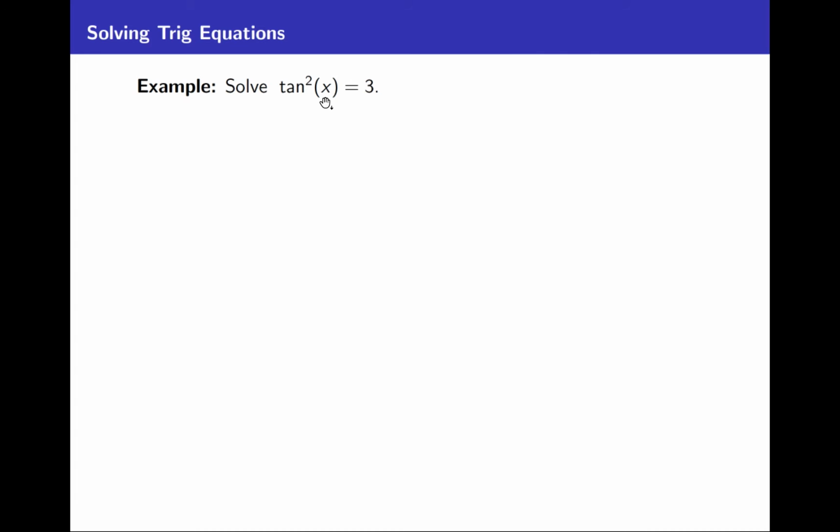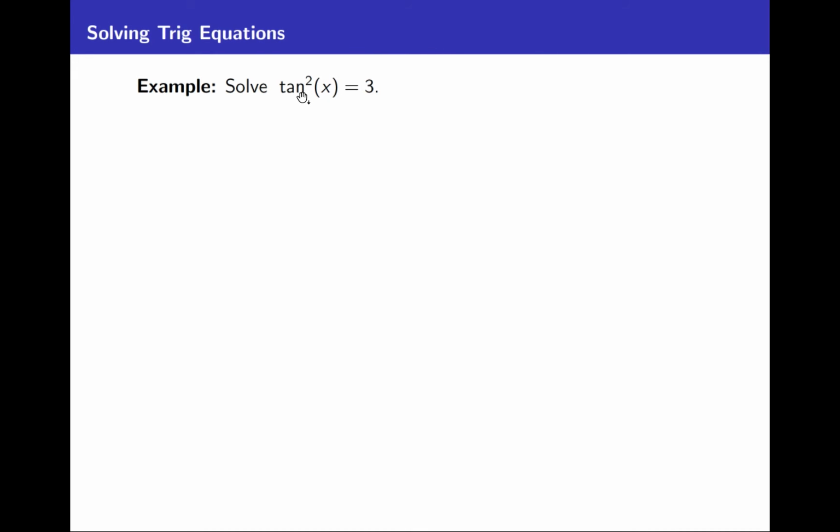Now, solving for x means finding all the values of x that make this equation true. To solve trigonometric equations like this one, you're going to use all of the old techniques you have for solving equations, along perhaps with your knowledge of the trig functions and maybe some trig identities.